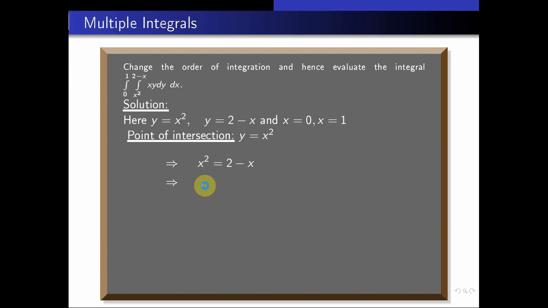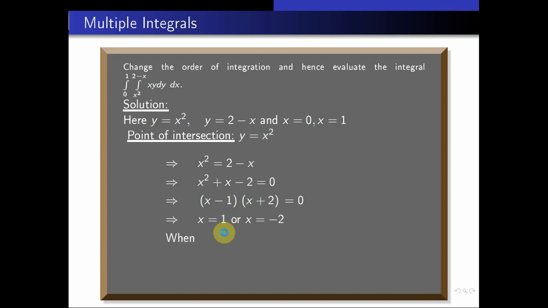This I can write as x square plus x minus 2 equal to 0. Find the roots by splitting the middle term. We get (x minus 1)(x plus 2) equal to 0. This implies that x is equal to 1 or x is equal to minus 2.